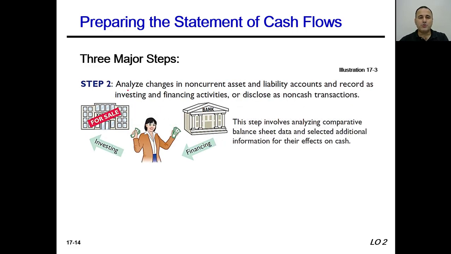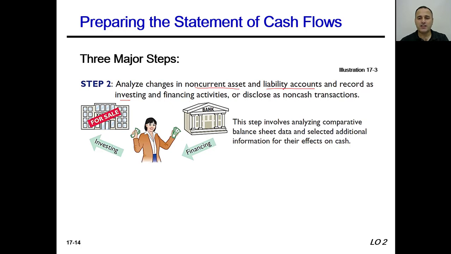In step number two, we analyze changes in non-current assets and liability accounts and record them as investing and financing activities. So the current assets are covered in operating activities, but the non-current part is covered in investing activities.